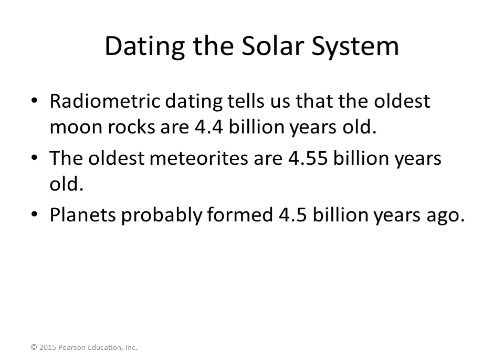Radiometric dating tells us the oldest moon rocks are about 4.4 billion years old, meteorites 4.55, so we think the planets formed around 4.5 billion years ago. We have rocks from the moon that we've been able to radiometrically age date, that give us a pretty good idea of when the moon formed, and that would have been part of our solar system.